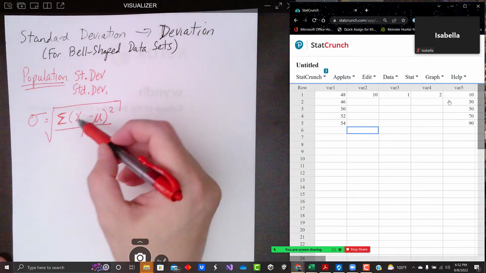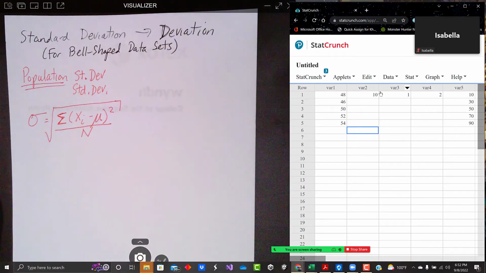You take the value and subtract the mean. So in StatCrunch, I'll walk you through how it's doing it here. Clear up some table space. So I start here. We already know the mean for the first group is 50.